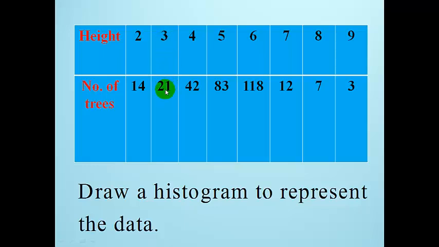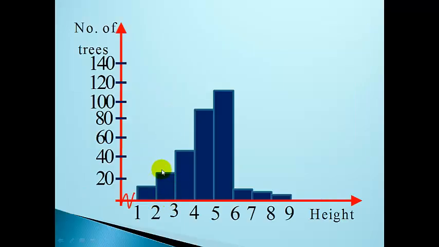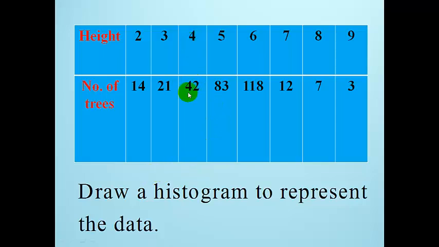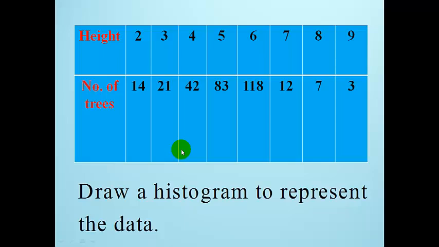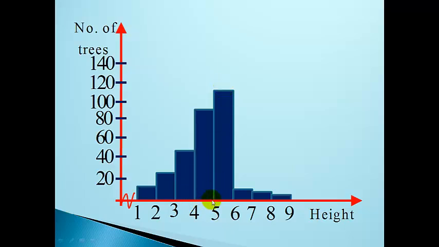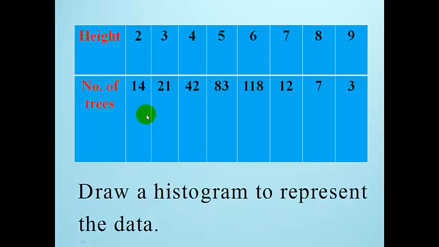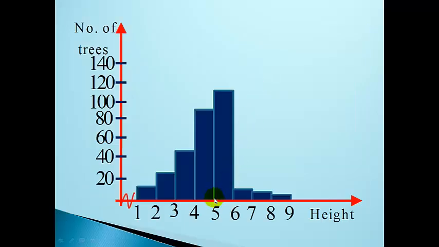So we have 3 corresponding to 21. 4 corresponds to 42, so we also have 4 corresponding to 42 on the frequency axis. 5 corresponds to 83, so we have 5 corresponding to 83 on the frequency axis. 6 corresponds to 118, so 6 also corresponds to 118 on the frequency axis.